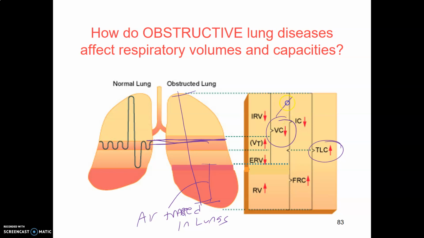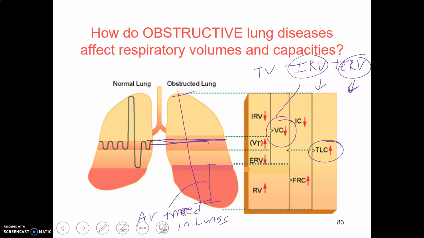Well, remember, vital capacity is going to be TV plus IRV plus ERV. And as a result of these two decreasing, when you do the math, your vital capacity also decreases.